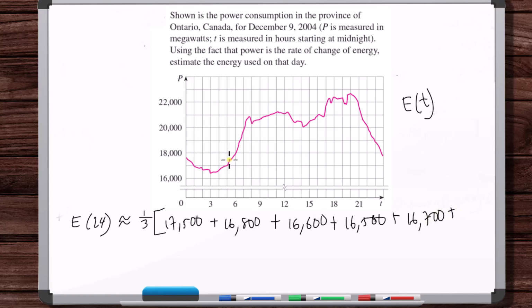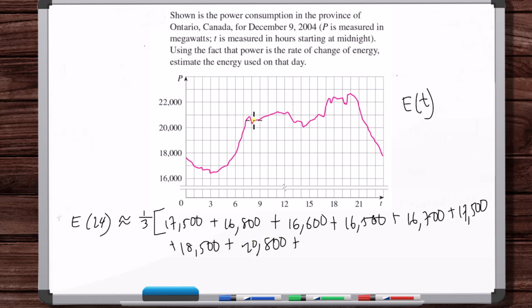Okay, so now we're here. This would be 17,500. This would be about 18,500. This would be about 20,800.